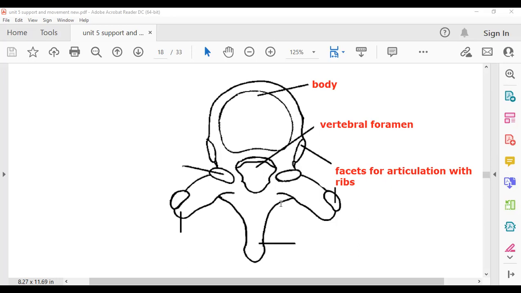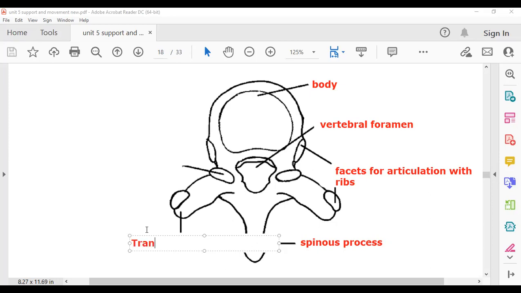Okay, what is this? Spinous process, the usual one. Actually, the longest spinous process belongs to the thoracic vertebra.